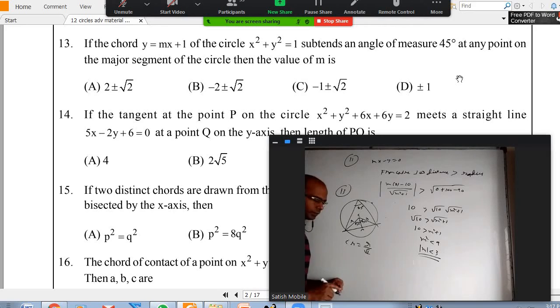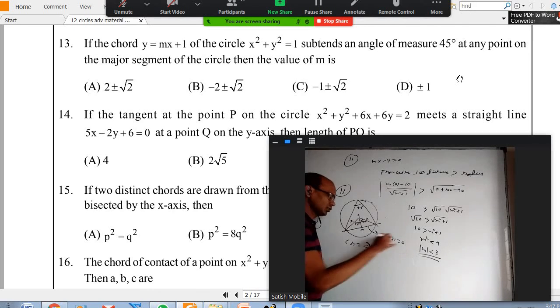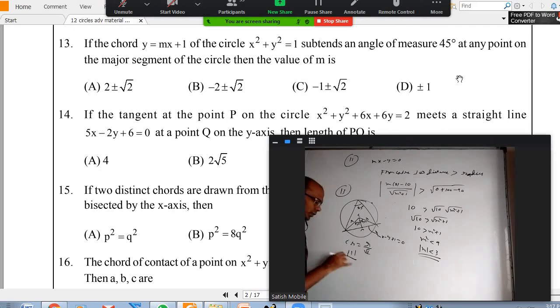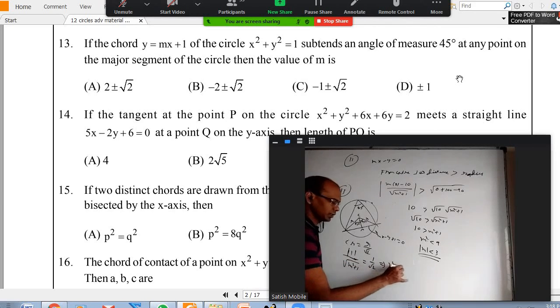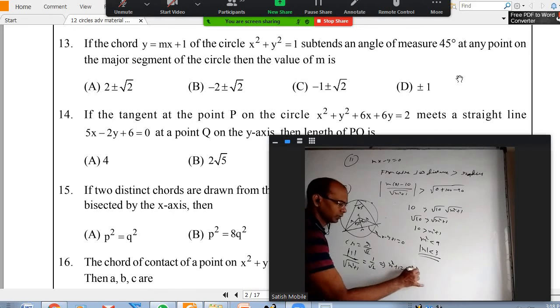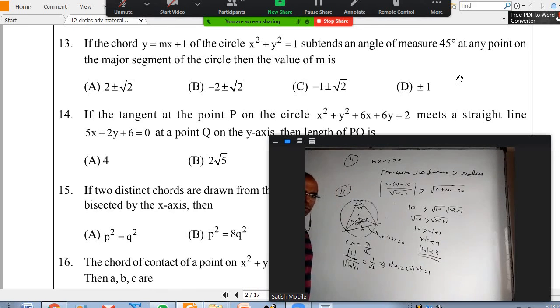So the center is 0. Okay, mx minus y plus 1 equal to 0. So this is mod 1 by root over 1 plus 1, the radius being 1 by root 2. That is m square plus 1 equal to 2. M square equal to 1, m equal to plus or minus 1.